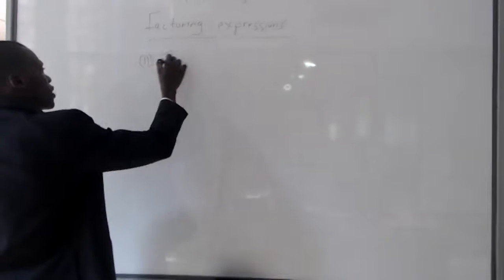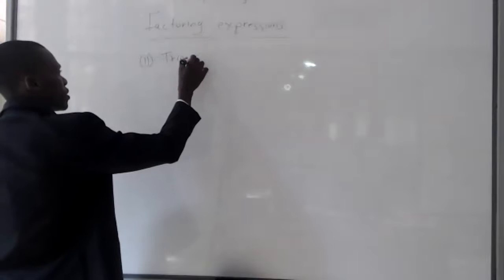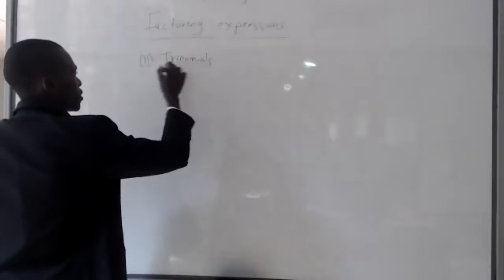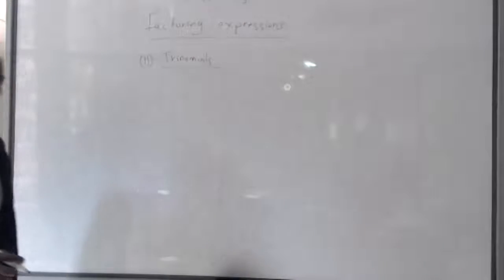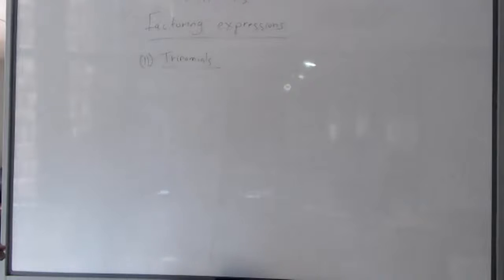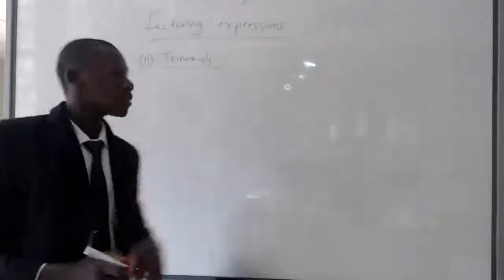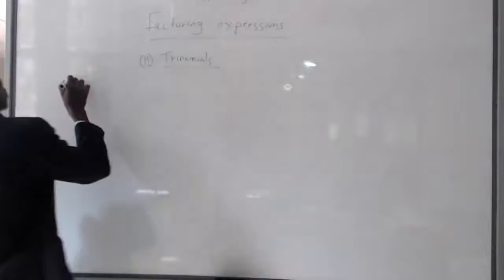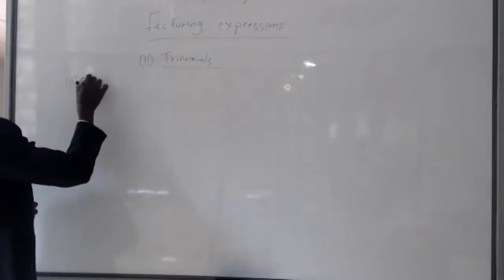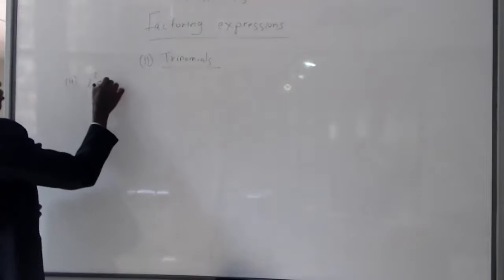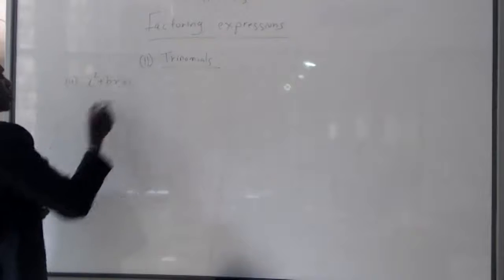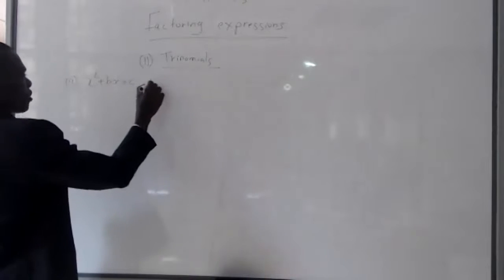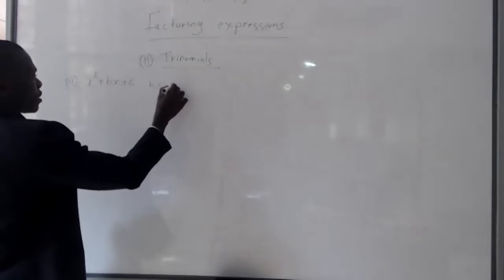So we are going to factorize trinomials now. A trinomial is simply a polynomial that has 3 terms, okay? And firstly, we look at trinomials of the form x squared plus bx plus c, where b and c are non-zero.